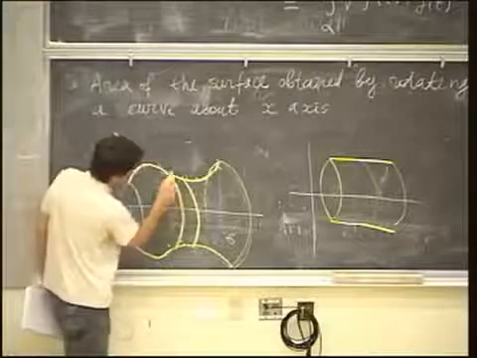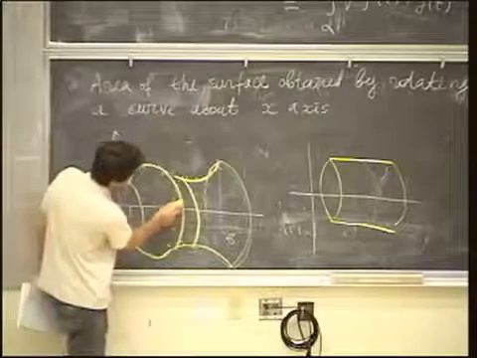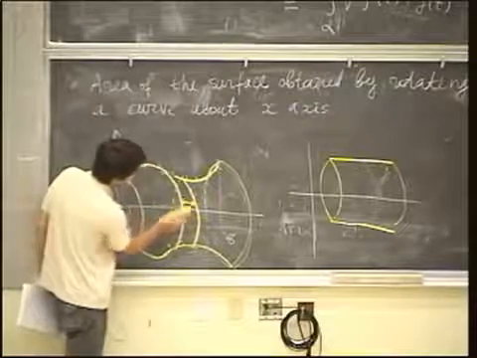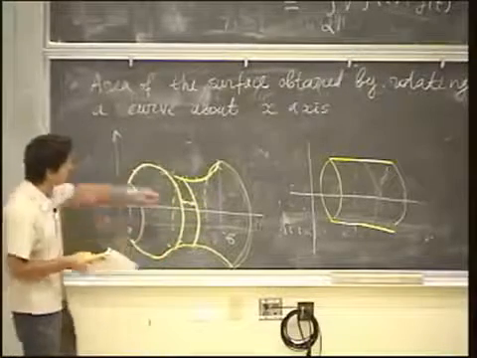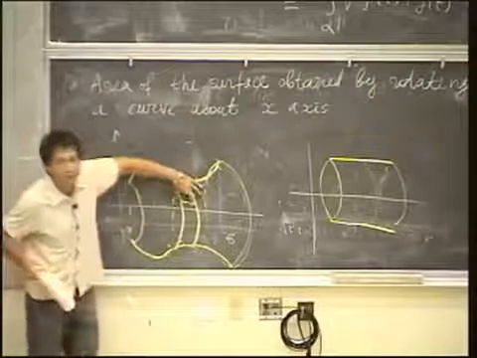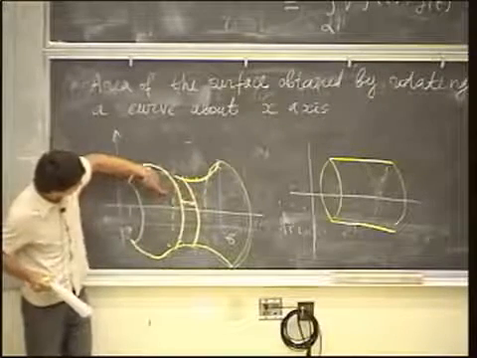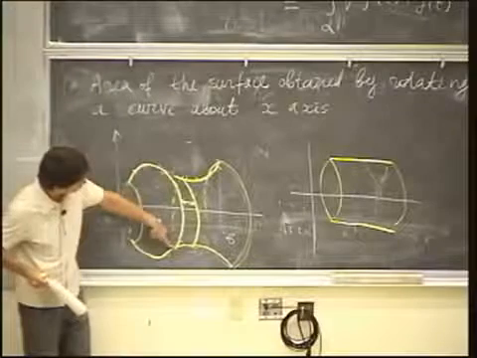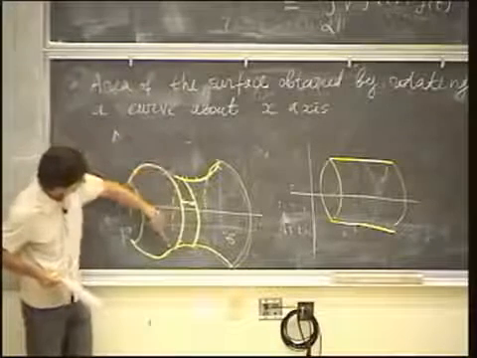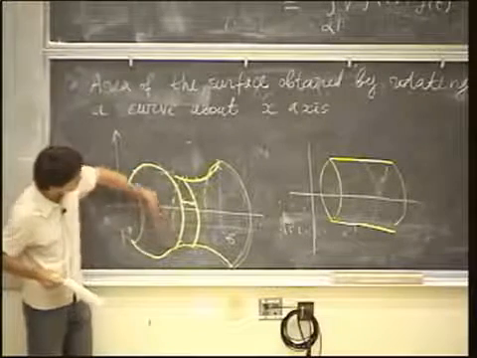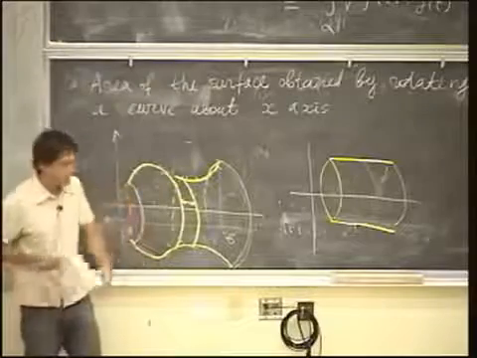And so I will approximate the area of the cylinder by taking the product of the arc length of this curve, in other words, the height of the cylinder, and 2 pi times the radius of the circle, which is the circumference of the circle, as we discussed last time, right?